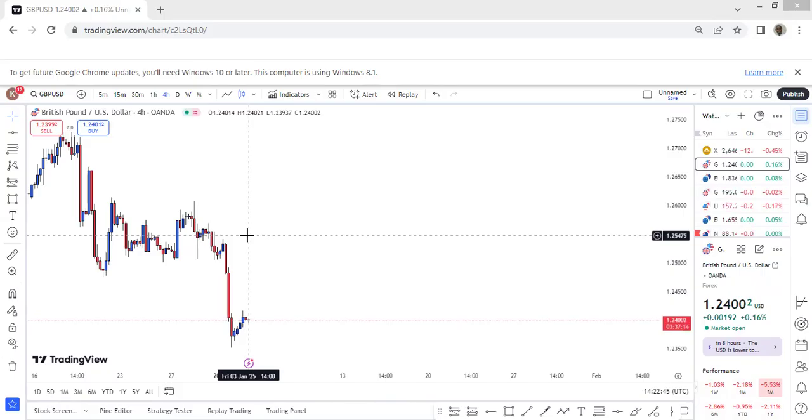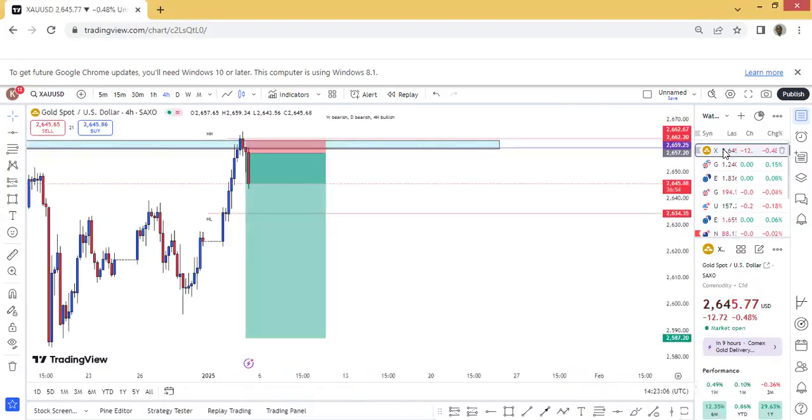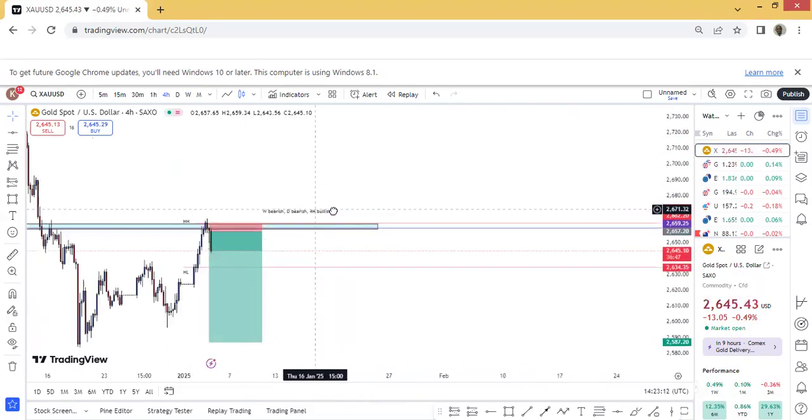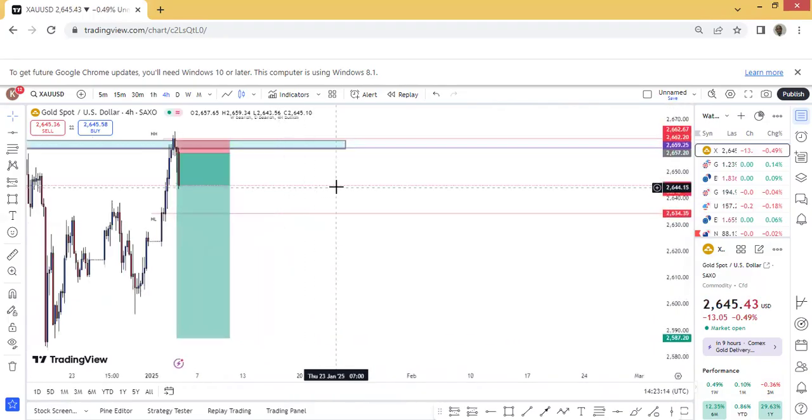I bring to you a multi-time frame analysis on British Pound US dollar, GU. But before that, yesterday, we analyzed gold spot, and the market is playing out exactly as we anticipated.